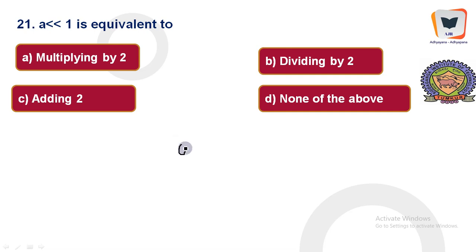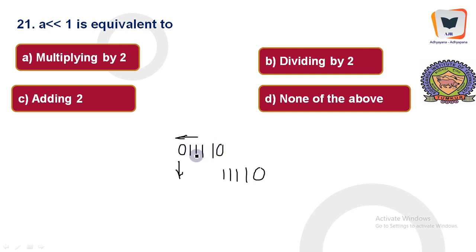If there is a variable value something like this, 0 1 1 1 1, left shift will make this 0 fall off and the bits slide in this way, with 0 appended over here. So it becomes 1 1 1 1 0. The original value is 1 into 2 to the power of 0, that is 1, plus 2 is 3, plus 4 is 7, plus 8 is 15.